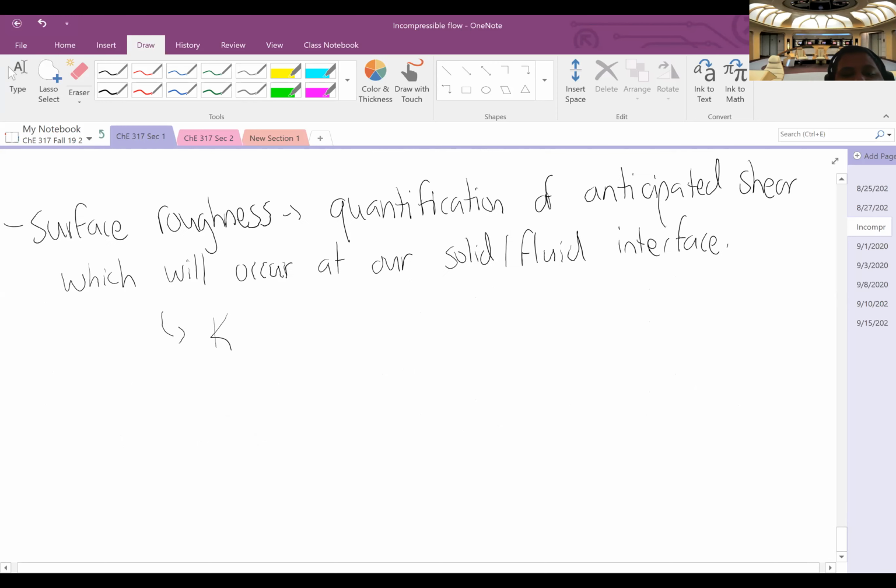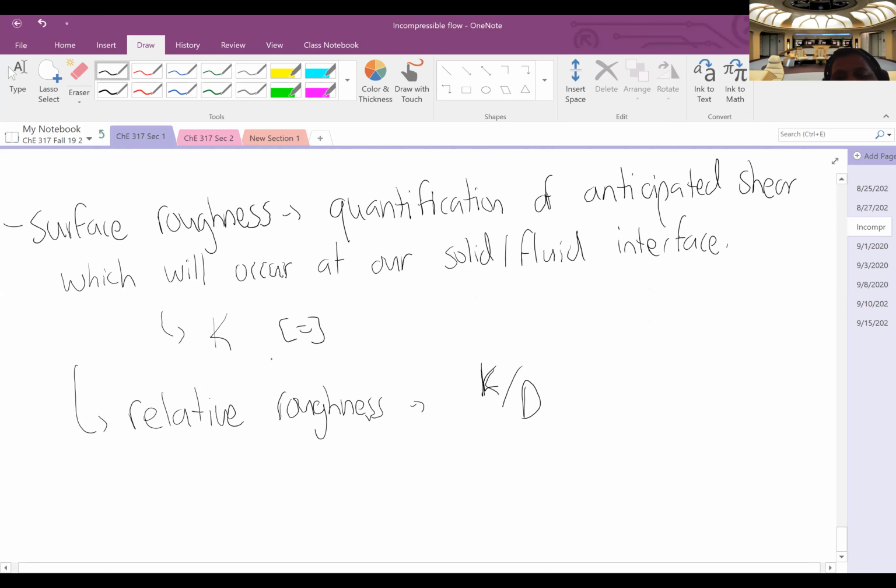What more often than not we're interested in is relative roughness, which is our roughness over our flow diameter, which means our roughness value is given units of length because our relative roughness is unitless.